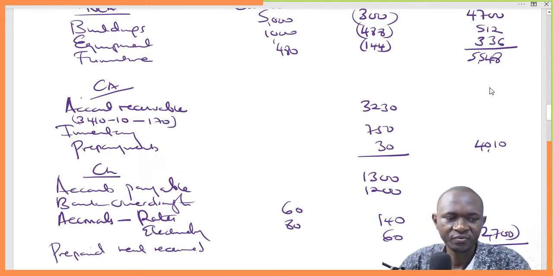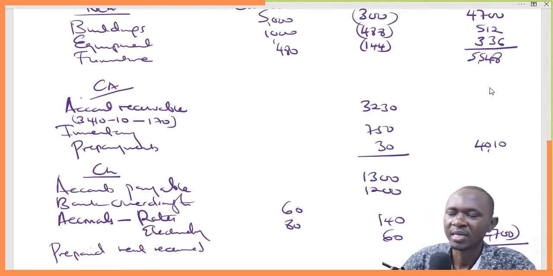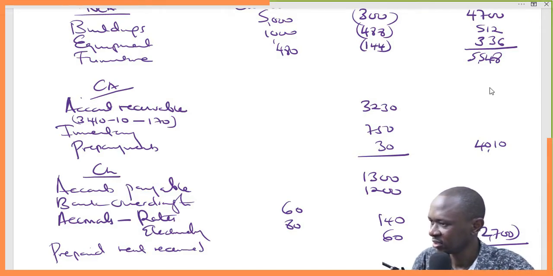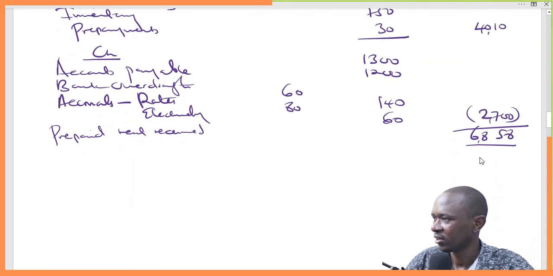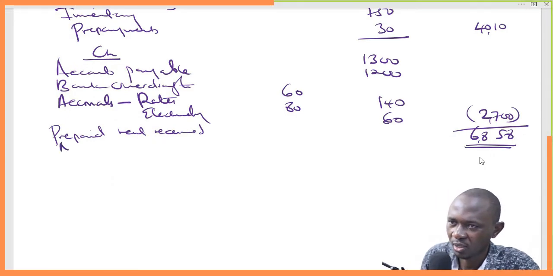So 5548 plus 4010 minus 2700. That gives us 6858. And this will become what we call the net capital employed.